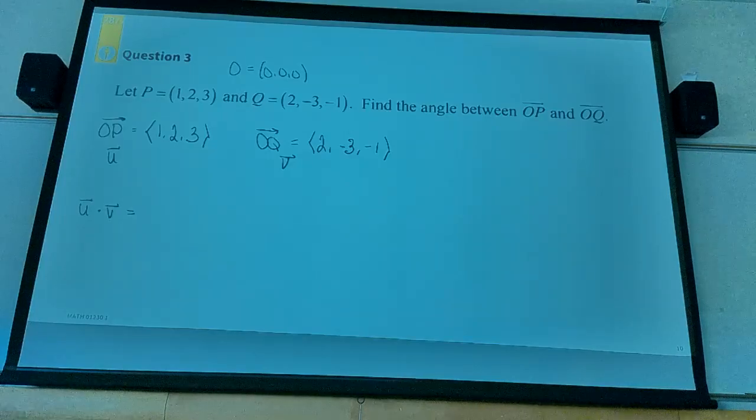What's the alternative form of the dot product? U dot V equals what? The magnitude of U and V, times cosine theta. Where theta is what? 0 to pi. What does theta measure? The angle between the two vectors U and V. Oh, that's what we're trying to find, isn't it?